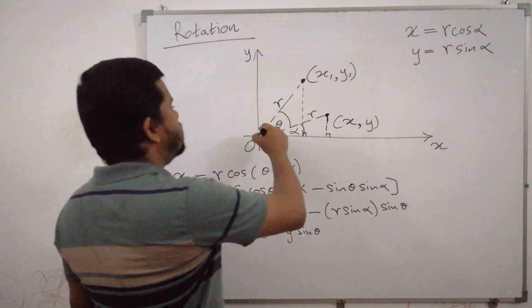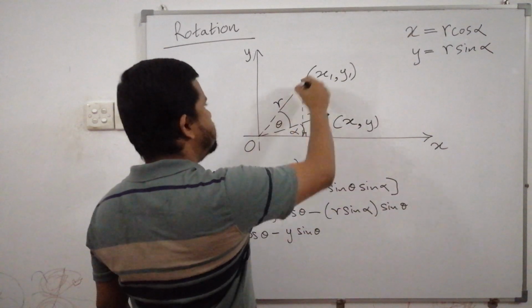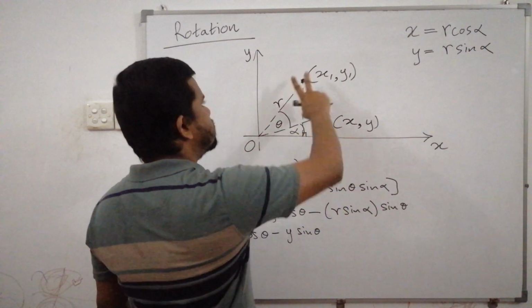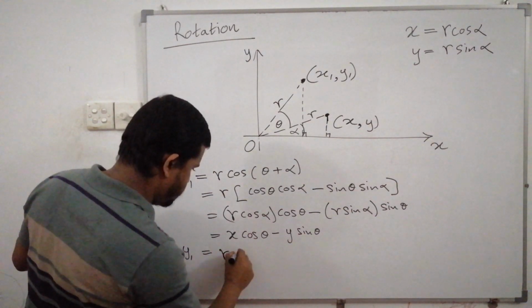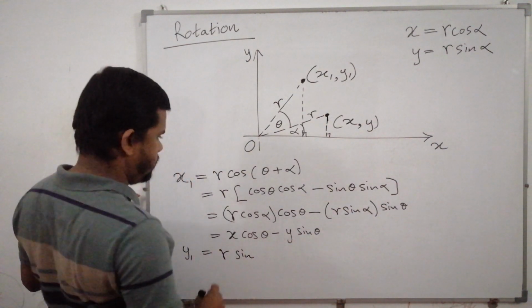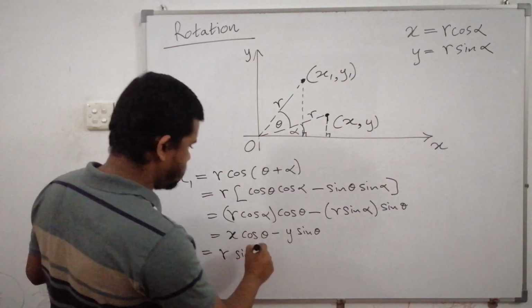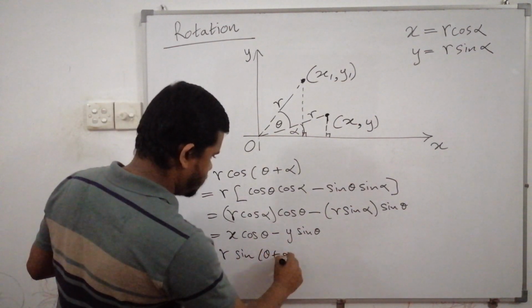Then again let's try to get y1. If you consider this triangle, y1 means r sin of theta plus alpha.